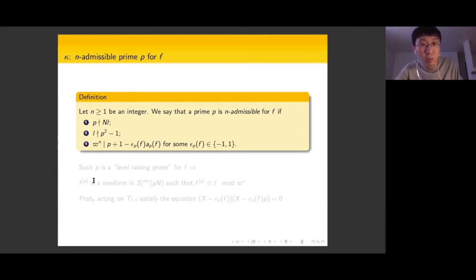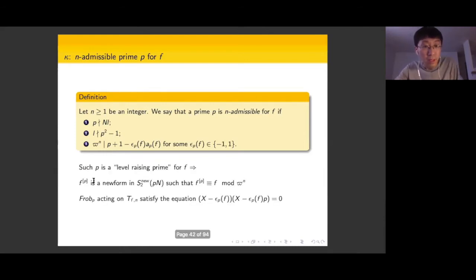Okay, and this sort of puts you in the position of the case where Mazur's principle applies. So it's known by work of Ribet that these p's are exactly those level raising primes for f. What this means is that you can find a congruence between a newform of level pN, which I would call f_p raised, such that it's congruent to f modulo pi to the n.